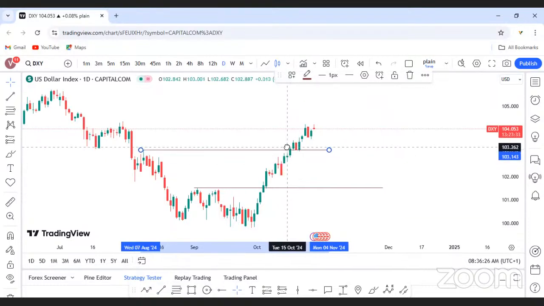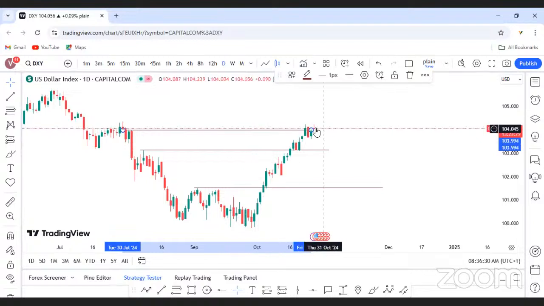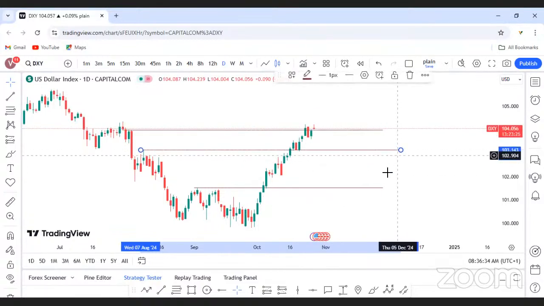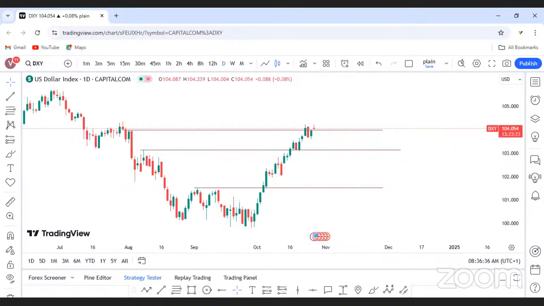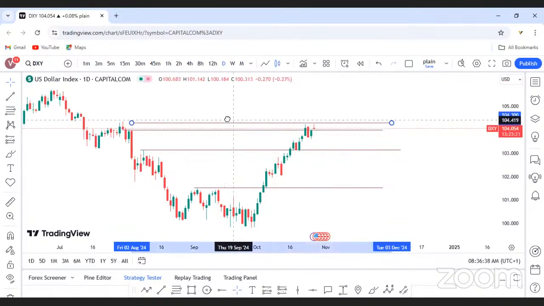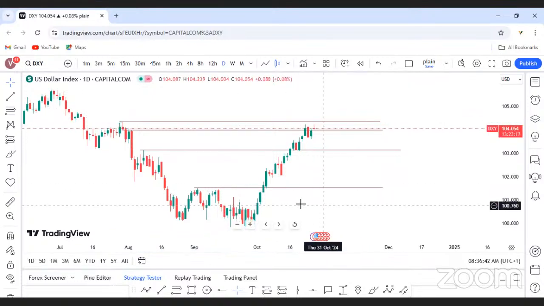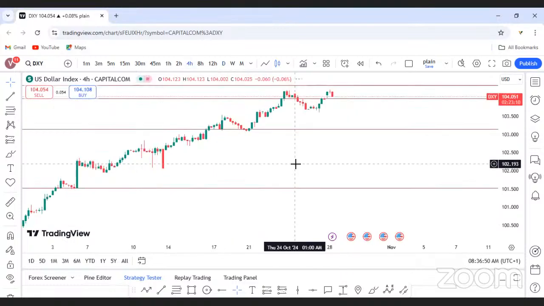Okay, there is one other place here. You can see all the liquidity that the DXY has cleared. Now we want to see what is going to happen afterwards. This is the last point that we might see the DXY clear before selling further downwards. But a look at the hourly time frame is going to give us clear perspective on what we're expecting. So let's look at the 4-hour time frame.